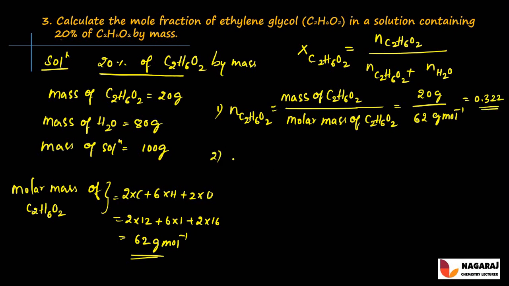Next, let us calculate the number of moles of water. The mass of water is 80 grams divided by the molar mass of water, 18 grams per mole, and on simplification finally it gives 4.444 moles.